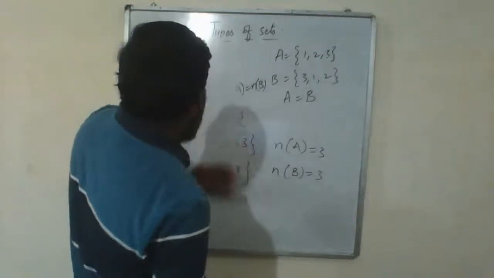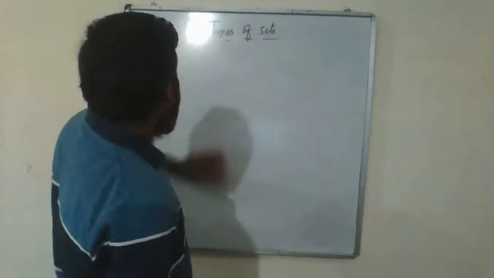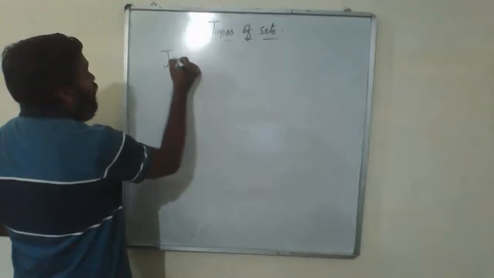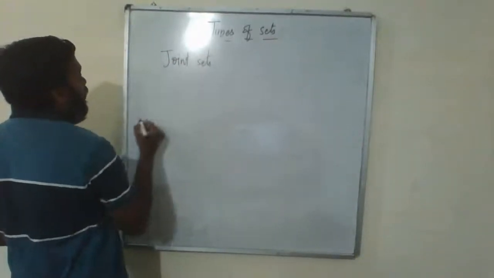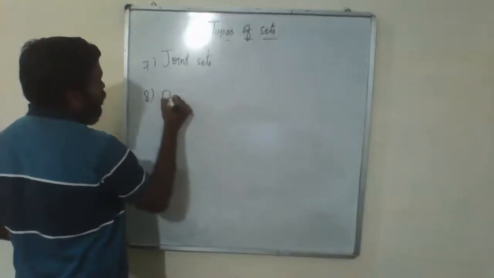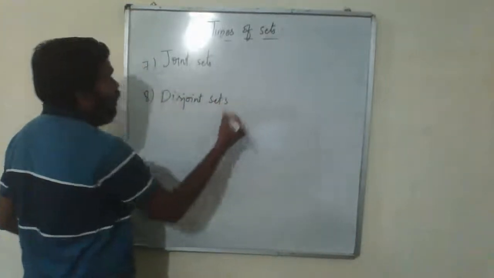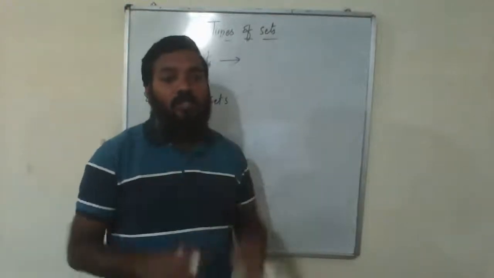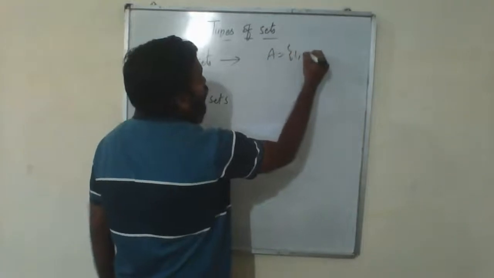Now let us go for joint and disjoint sets. Joint means combined together. Say A is 1, 2, 3.